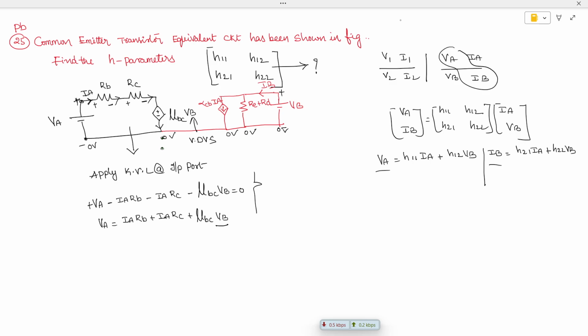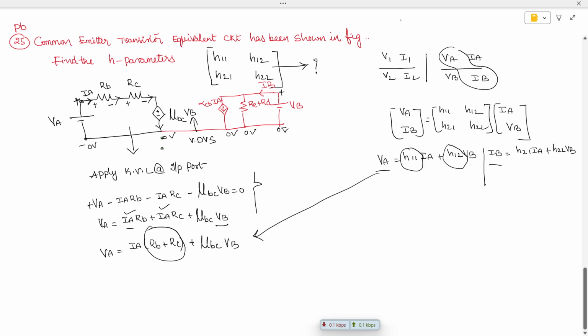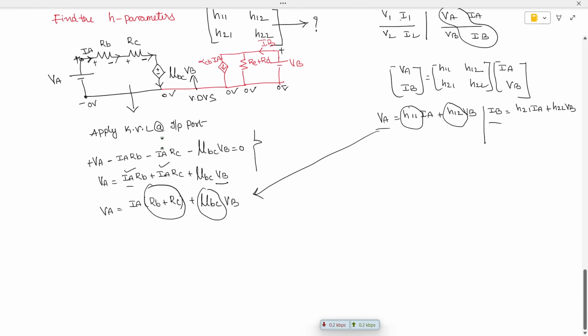Taking IA as common, VA is equal to IA times RB plus RC, plus mu BC VB. Compare with this equation: therefore this is the H11 value, and this is the H12 value.